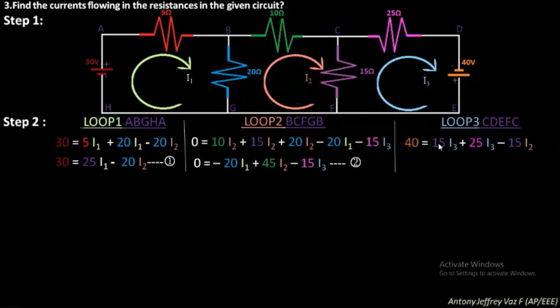So you get minus 15 I2. On simplifying, you get 40 equal to minus 15 I2 plus 40 I3.